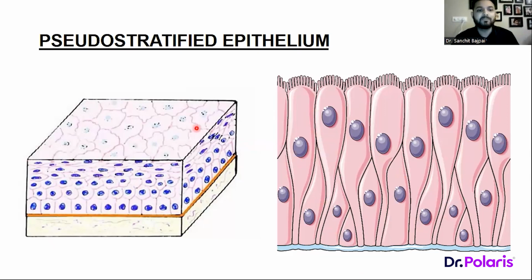But they seem to be multiple just like a stratified epithelium. How? Because their nuclei are at different levels. So the person who's observing this particular epithelium will feel that no, there are so many cells inside here. But no, this is a single layer of cells which has nuclei at different levels, making it pseudo-stratified epithelium. Okay, this is the meaning of pseudo-stratified epithelium.